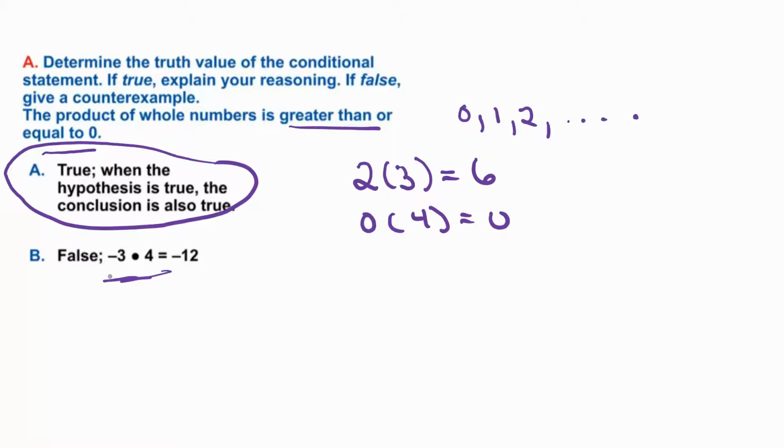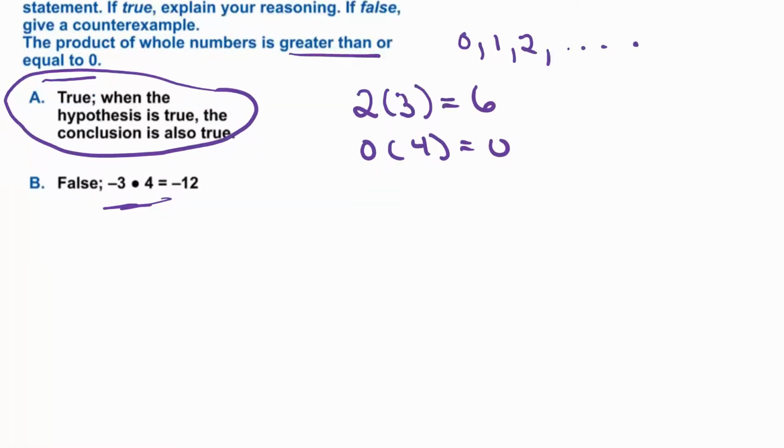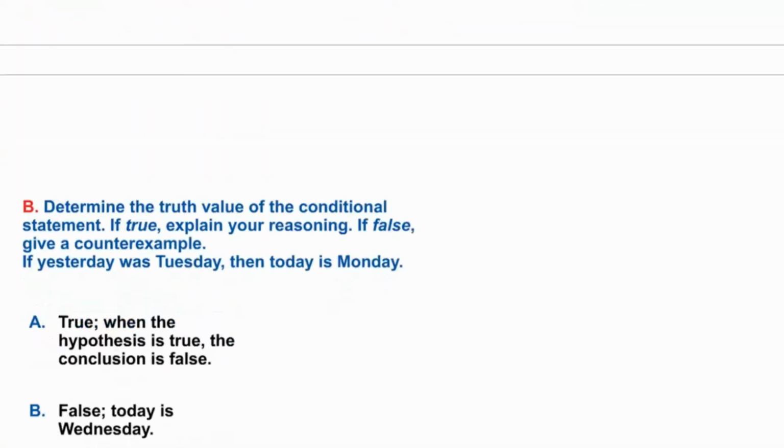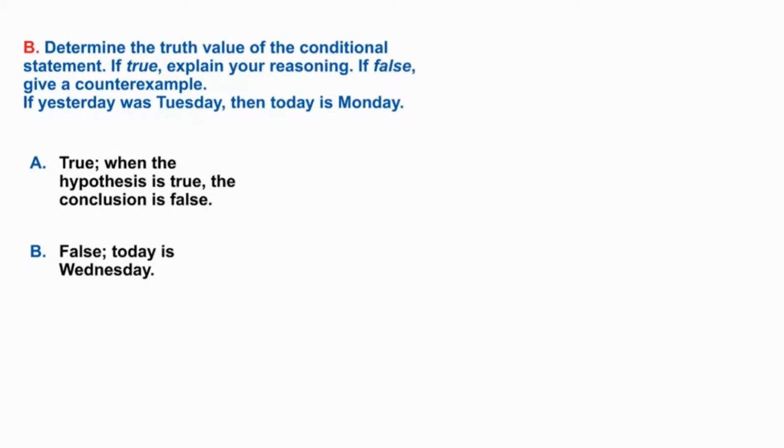Well, -3 is not a whole number in the first place. If yesterday was Tuesday, then today's Monday. Well, we go Monday, Tuesday, Wednesday. So if yesterday was Tuesday, then today has to be Wednesday.